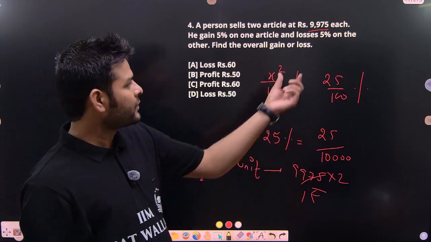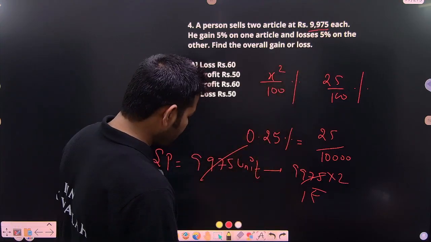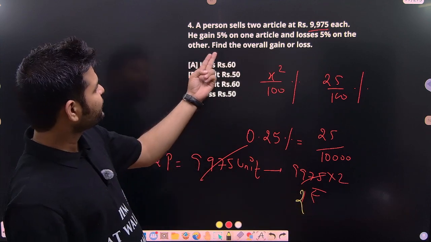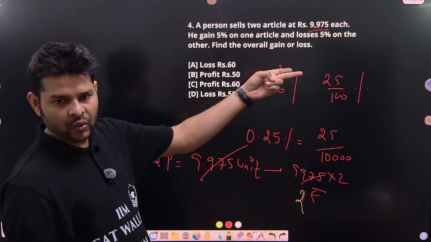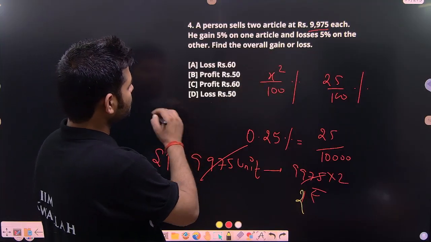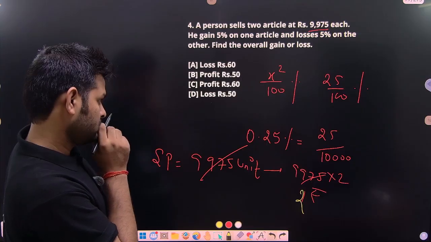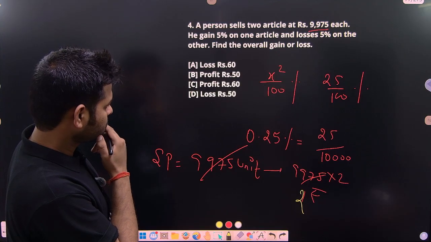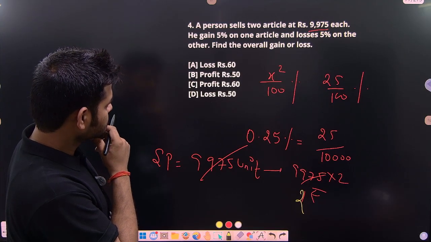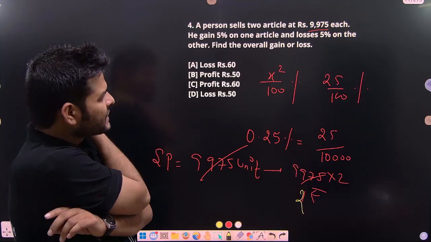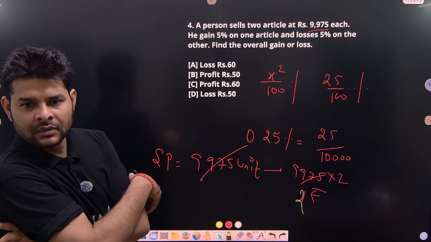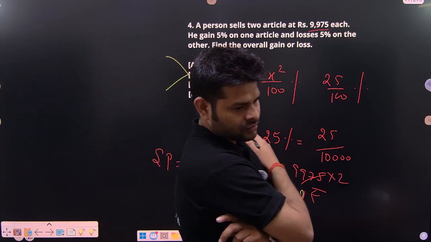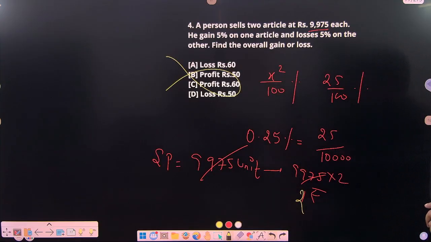Overall means 2 times that value. So 1 unit will represent 2 rupees. And we have been asked to find the overall gain or loss, rupees 2. That must be rupees 2, no? Basically, the answer would be rupees 2. No need to get worried.